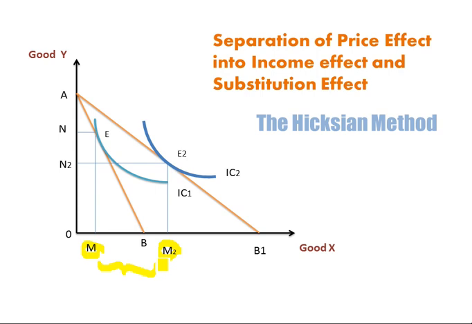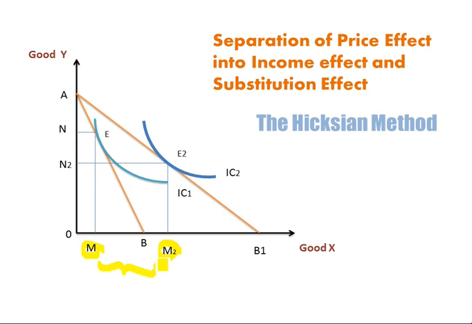For this purpose, we have to take away the increase in income, or the real income, of the consumer. Since the price of X fell, now his real income has increased, right?